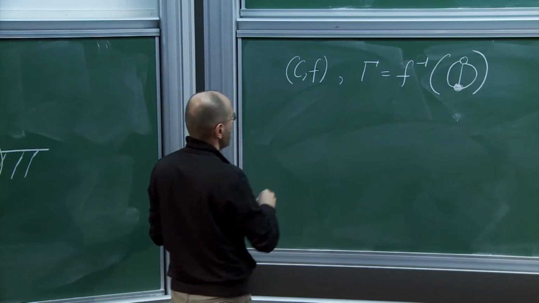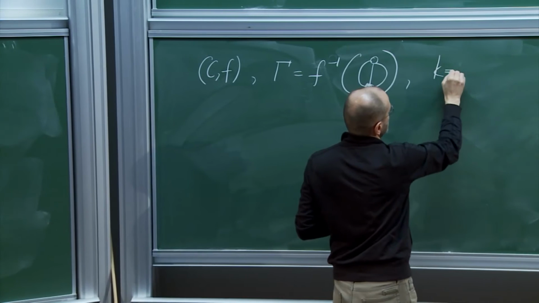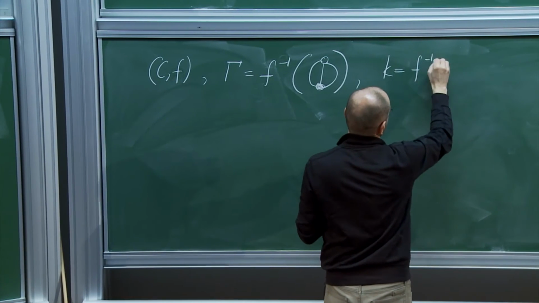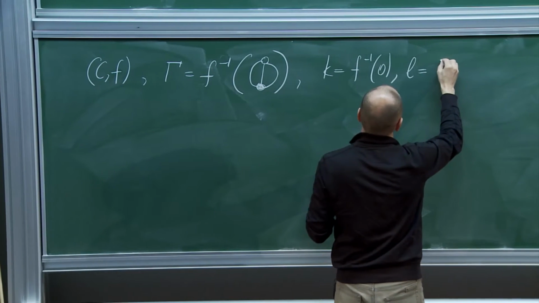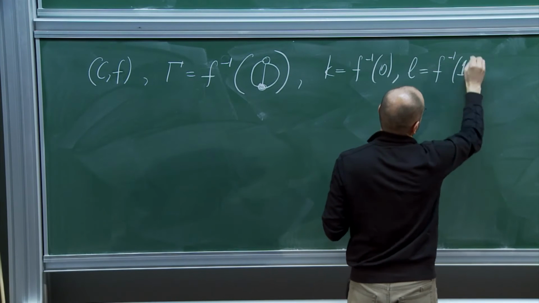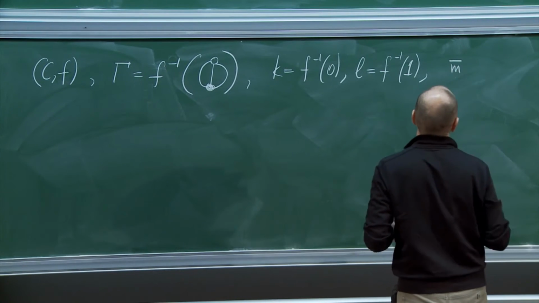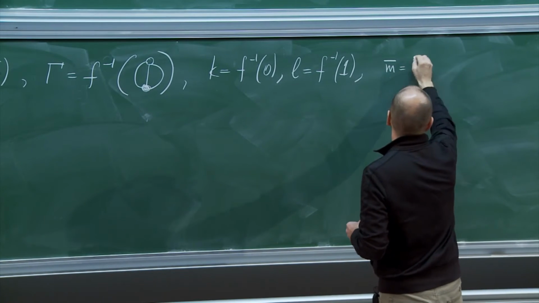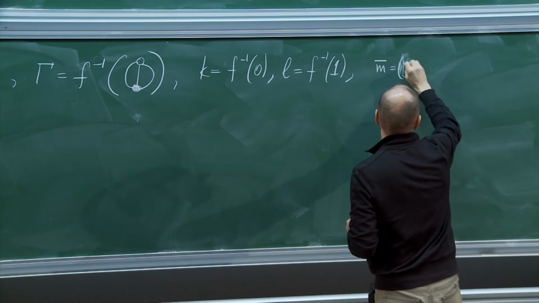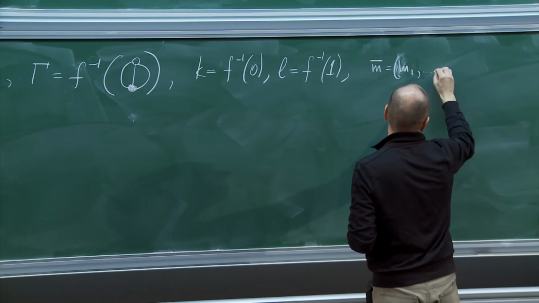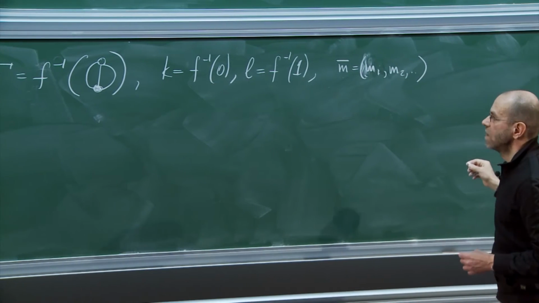And let's denote by K the number of preimages of 0, by L the number of preimages of 1, and by M-bar the vector M1 to M2 and so on, that describes the profile over infinity.